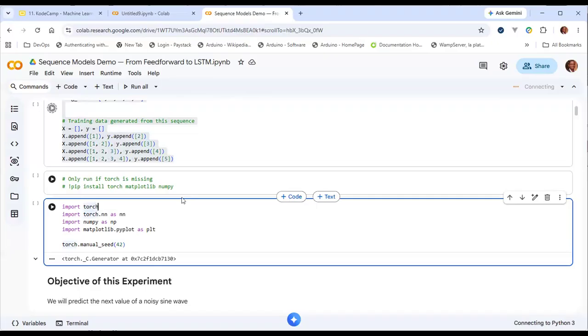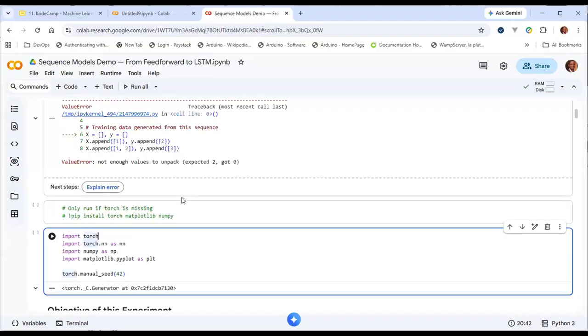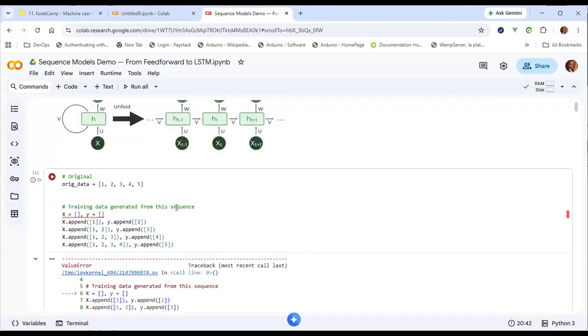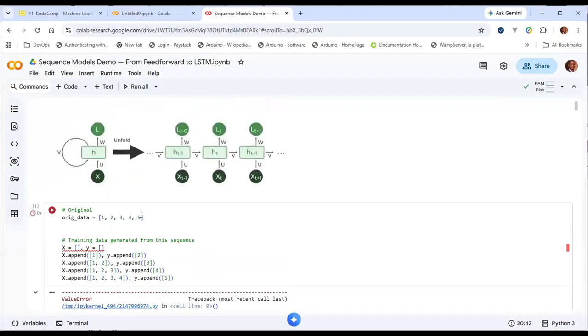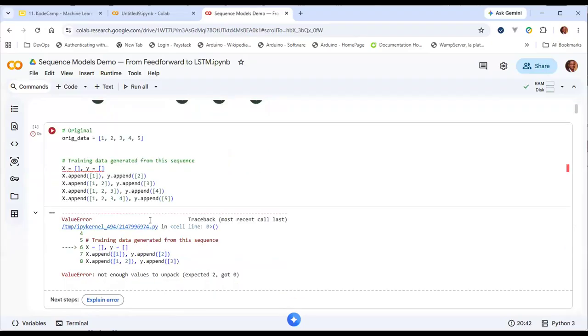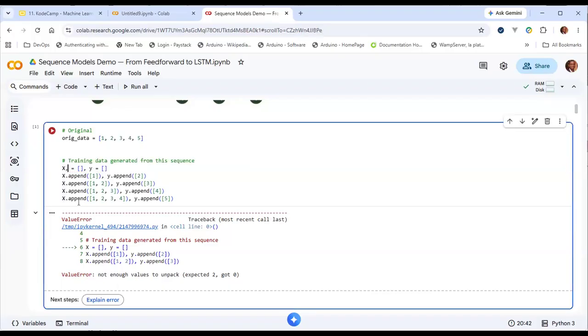Now, I don't know why this is saying not enough values to unpack, expected 2, got 0. So this should actually be written this way: x comma y equals the function call.